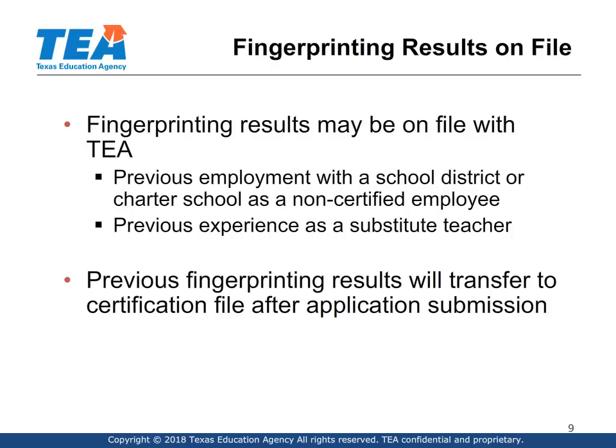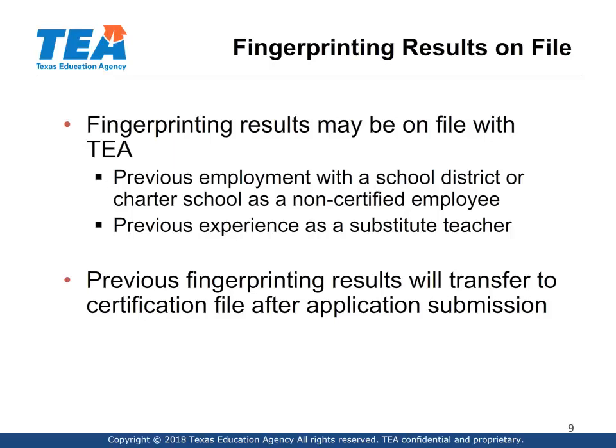In some cases, fingerprinting results may already be on file with TEA. If the applicant has been fingerprinted previously based on prior employment or prior substitute experience with a school district or charter school, those previous results may be applied to the new certification application.